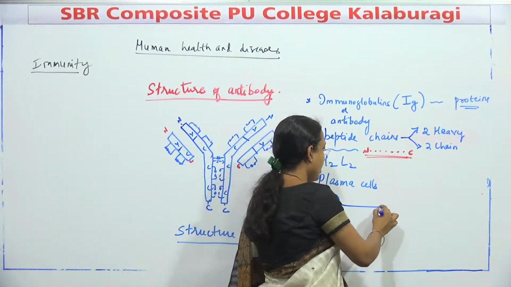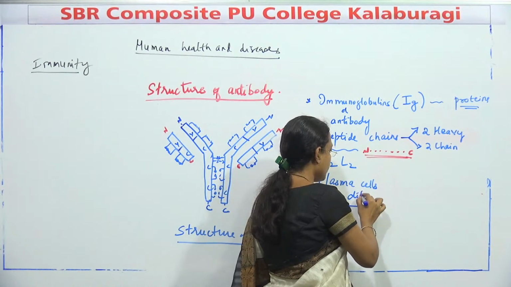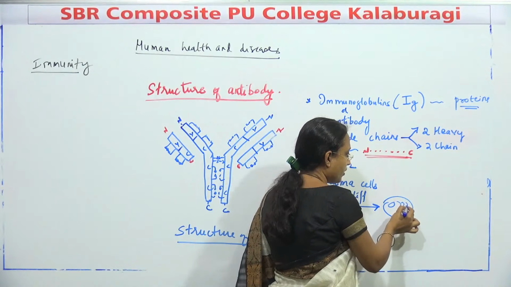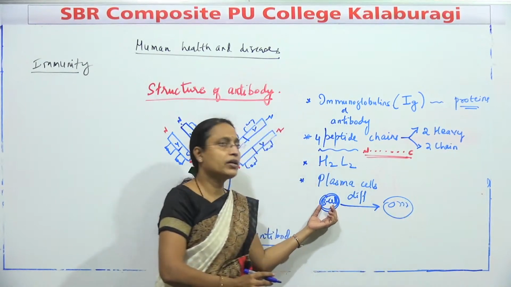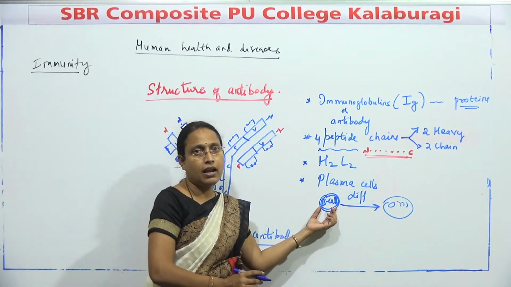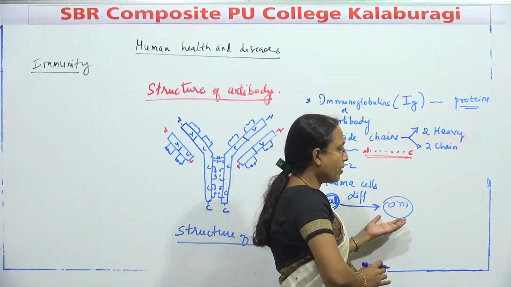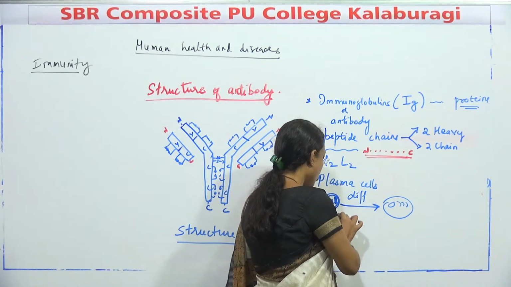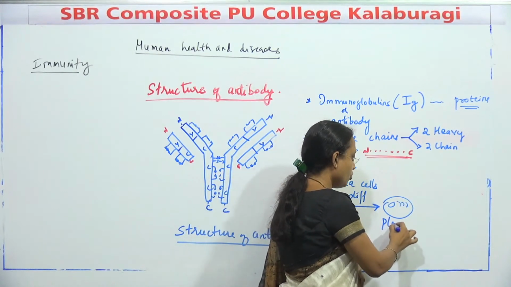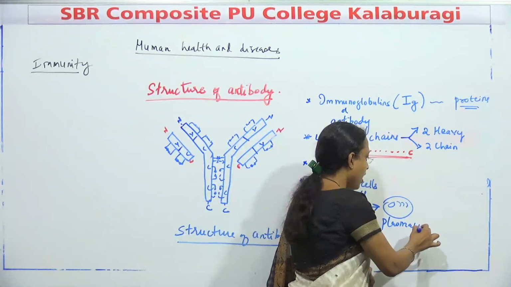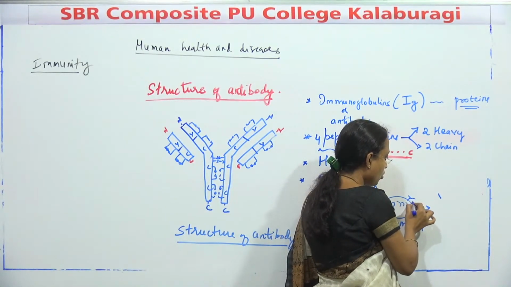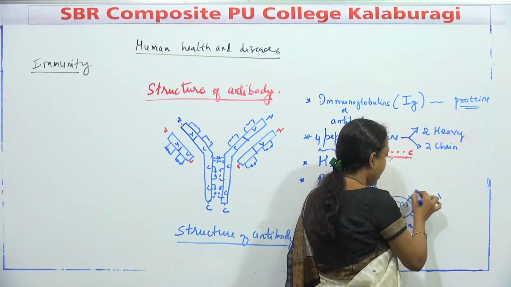This B cell will differentiate and produce a plasma cell whose structure is slightly different. It's more elongated and larger compared to its progenitor or parental cell. So the B cell got differentiated into a plasma cell, and this plasma cell is able to release lots of antibodies.